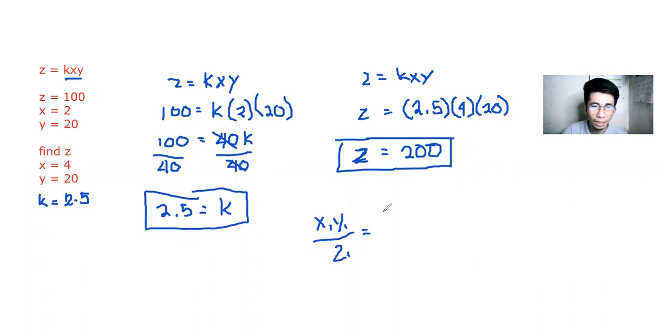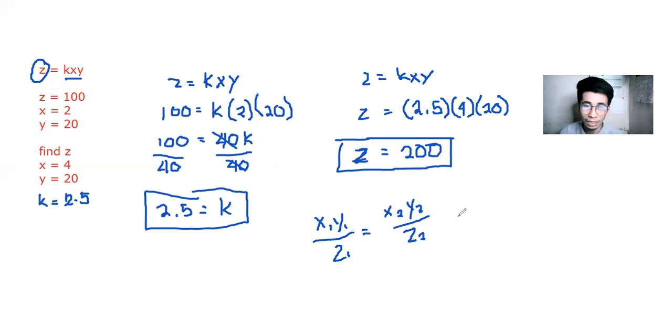Equals natin kay x sub 2, then y sub 2 over z sub 2. Basta yung lagi nandito sa unahan will be our denominator. Hindi natin sasama si k ha. Laging nasa taas yung dalawang variables natin. Then, yung isa naman na nasa unahan na z is nasa baba.